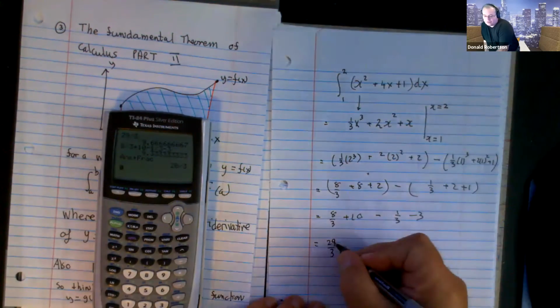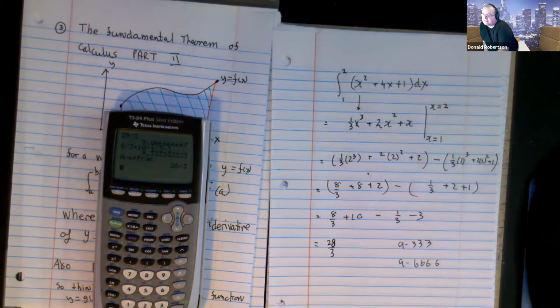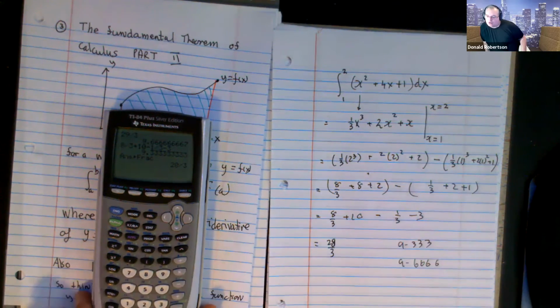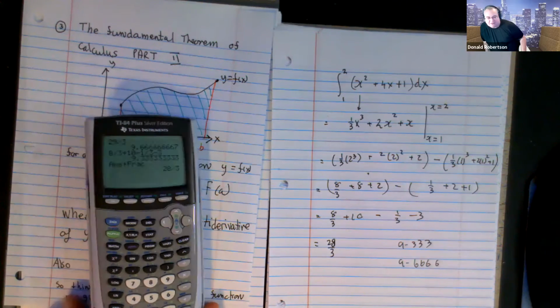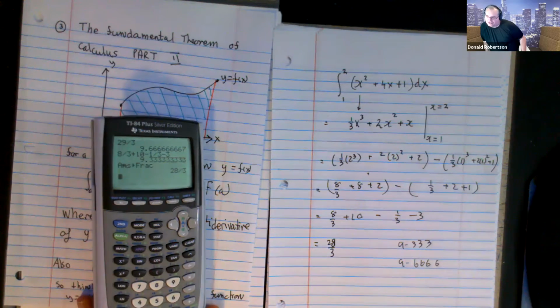But did you see how using the calculator I caught it? Now, all WebAssign will do is tell you it's wrong. Doesn't the calculator tell you what it should be? So at least you can have a quick look and say, oh yeah, I screwed up with my fractions.